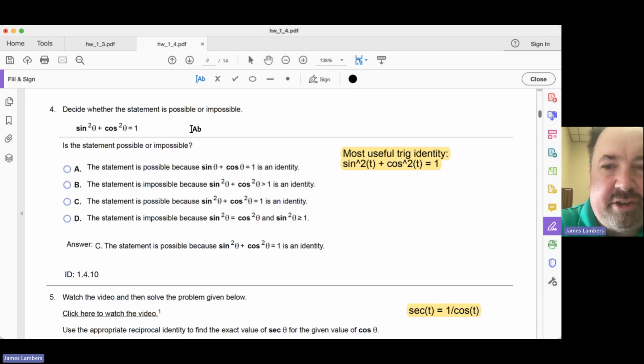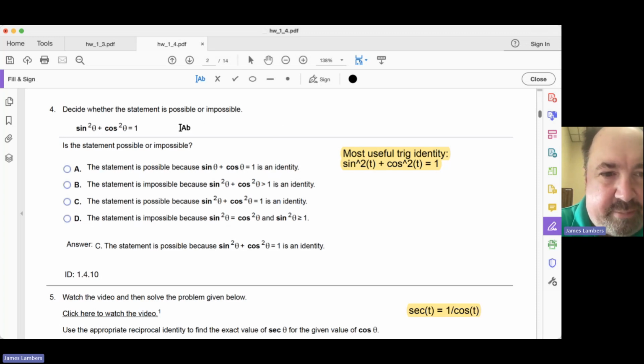I want to mention that these expressions, sine squared theta and cosine squared theta, are written in an unusual way, because I mentioned earlier that sine by itself doesn't really mean anything. You have to take sine of an angle, and similarly cosine of an angle.